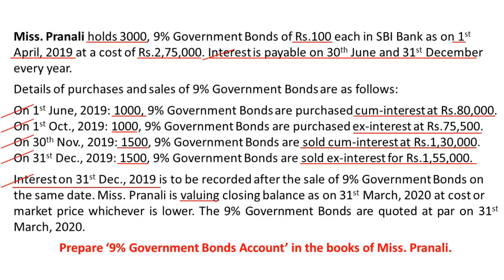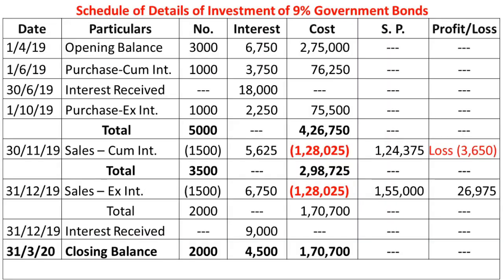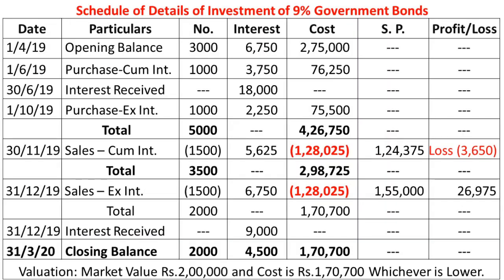They have also provided us how to value the investment. The transaction is: Miss Pranali is valuing closing balance as on 31st March 2020 at cost or market price, whichever is lower. And they have provided us that government bonds are quoted at par on 31st March 2020. So then the market value becomes 2 lakhs because it is quoted at par.